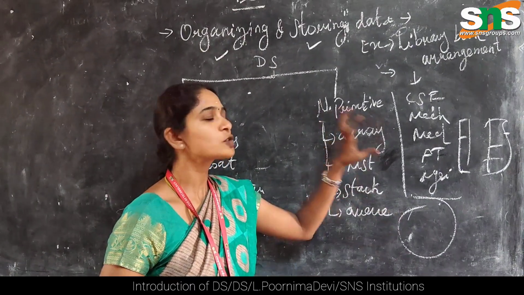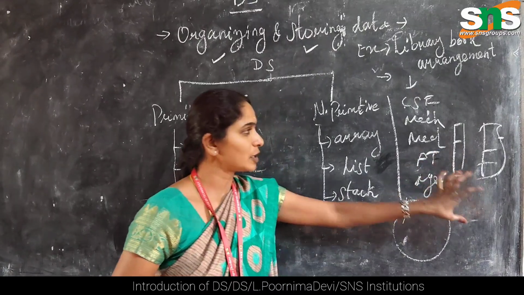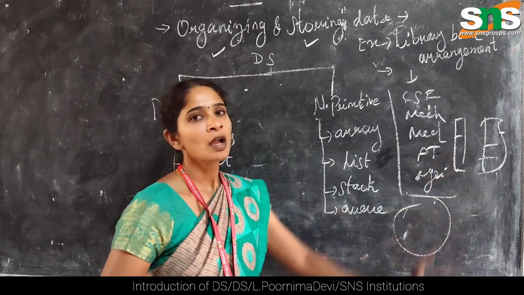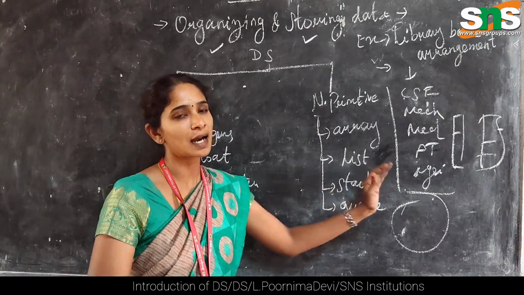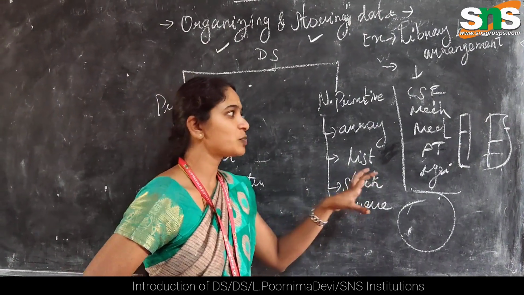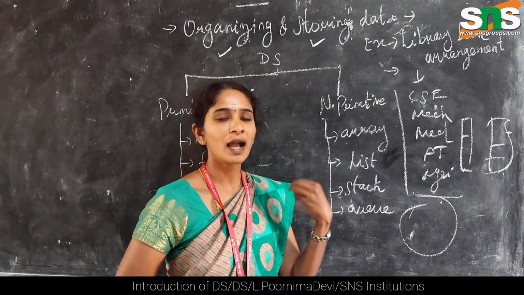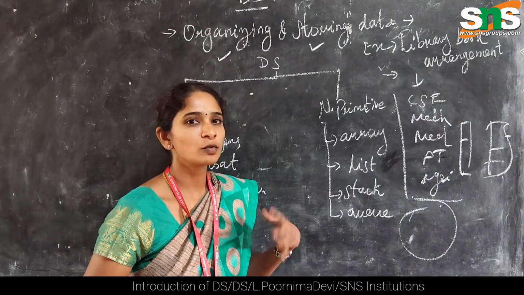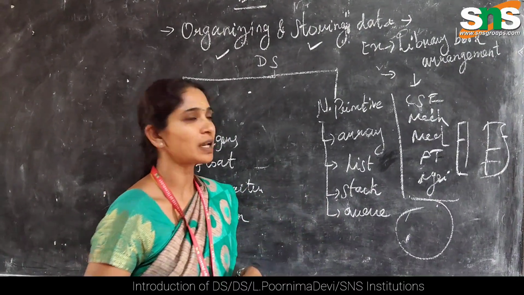That's why we store books on the shelf by department or grouping. The arrangement of books in a library is to take out a book easily and to keep the same book in the same place, which makes preparation easy. This is library management.